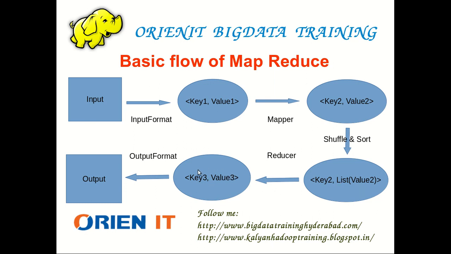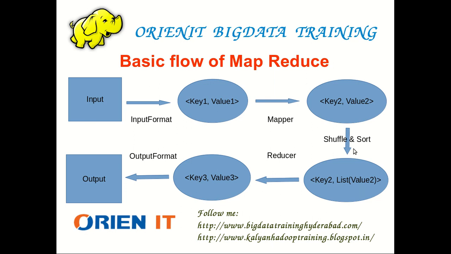Finally this K3 V3 is written as output, which is done by the output format. The output format internally uses a concept called record writer, with the help of which it writes the data into the output file. So these are mainly the keywords involved in this flow.